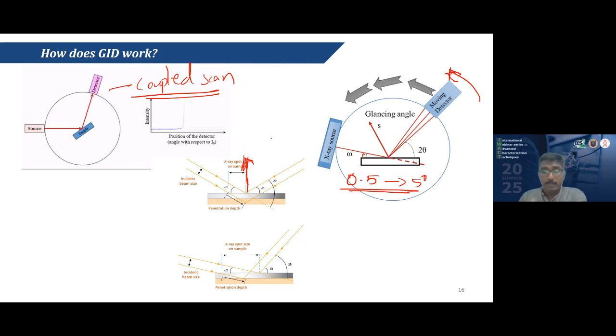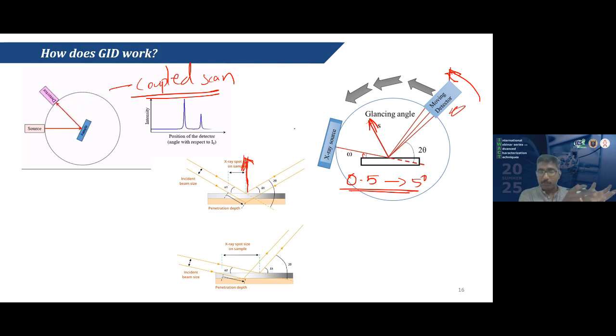The important advantage of this particular configuration is that the scattering vector is now not perpendicular to the sample surface. The direction of the scattering vector changes with respect to the detector angle. That means in this GID configuration, we can detect not only the planes which are parallel to the sample surface, but also those planes which are tilted to the sample surface.